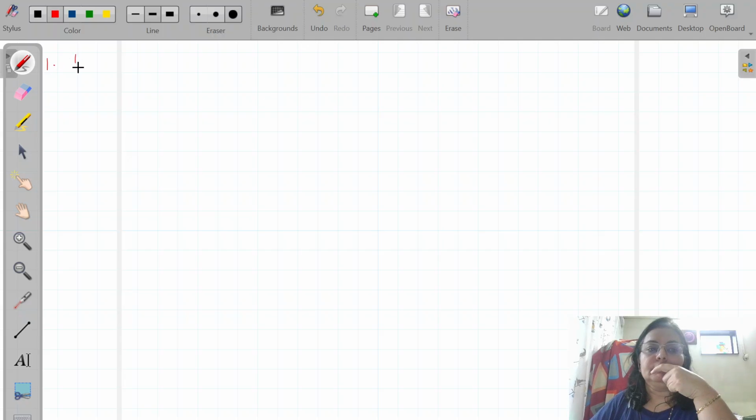We have already covered uniform motion, so we are going to reiterate it. Then we are going to cover non-uniform motion.